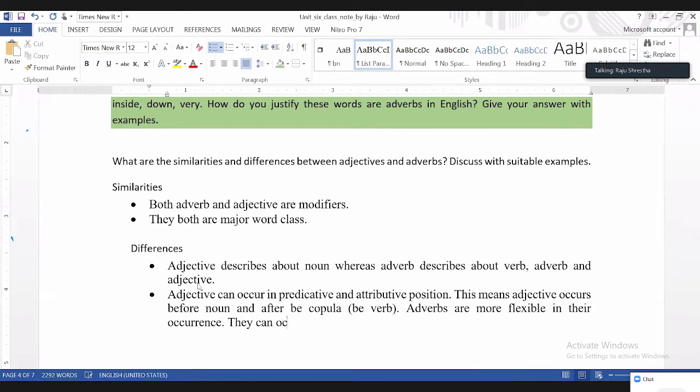They can occur in a sentence in initial, middle and final position. यसरी चाहिँ कुरा गर्दै जानु पर्ला.